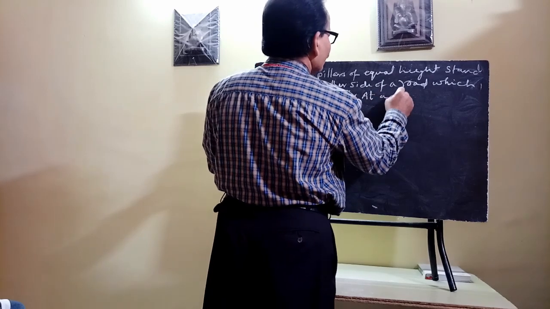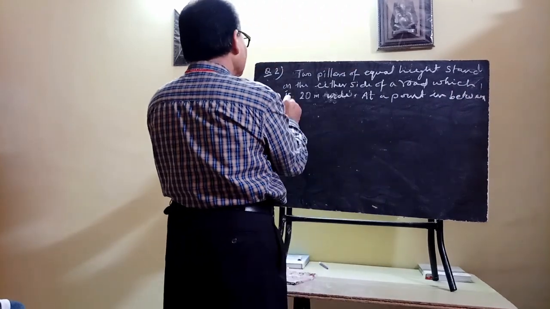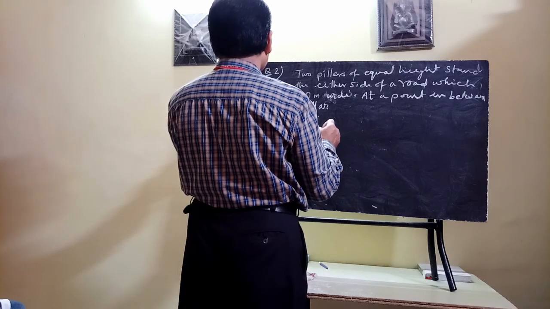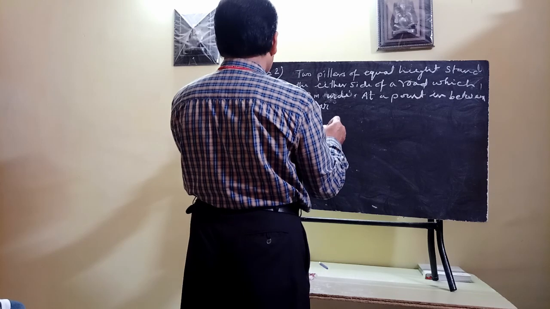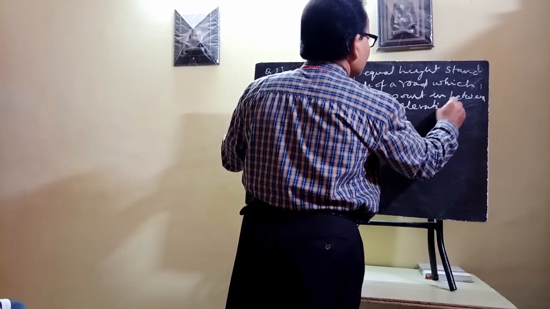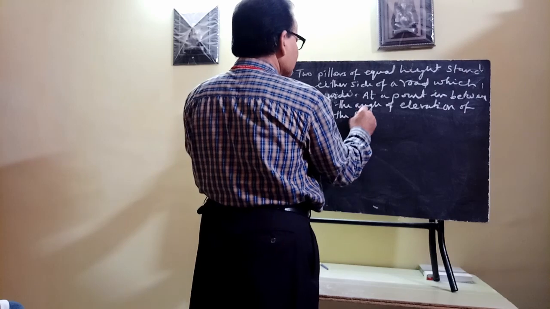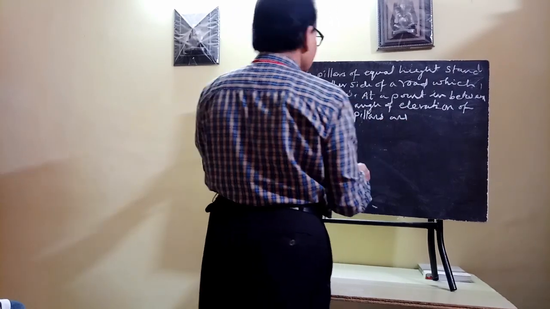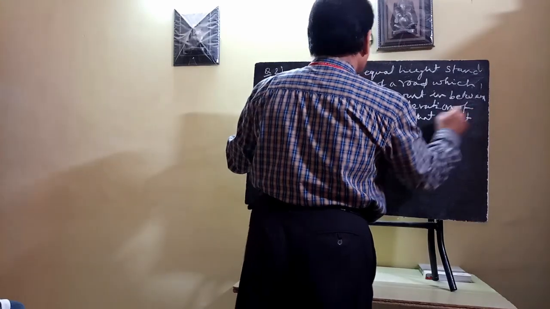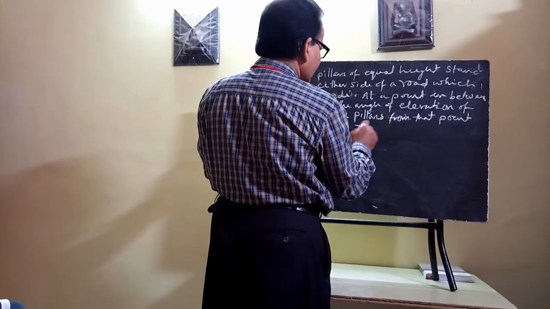So now our main question: at a point in between the pillars, the angle of elevation of the top of the pillars from that point are 60 degree and 30 degree respectively.